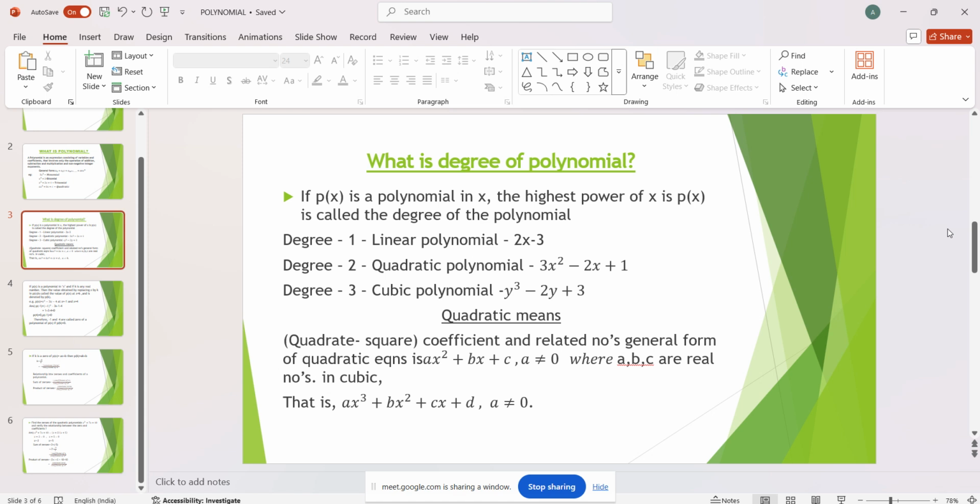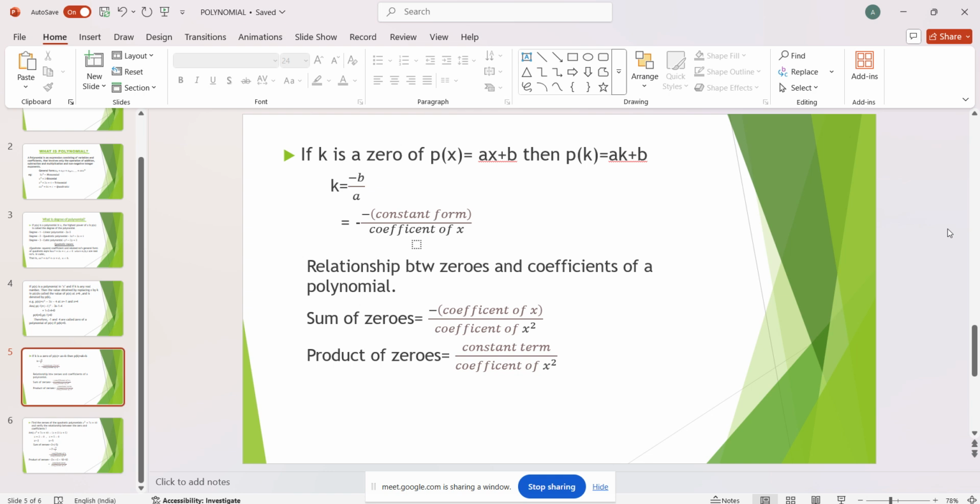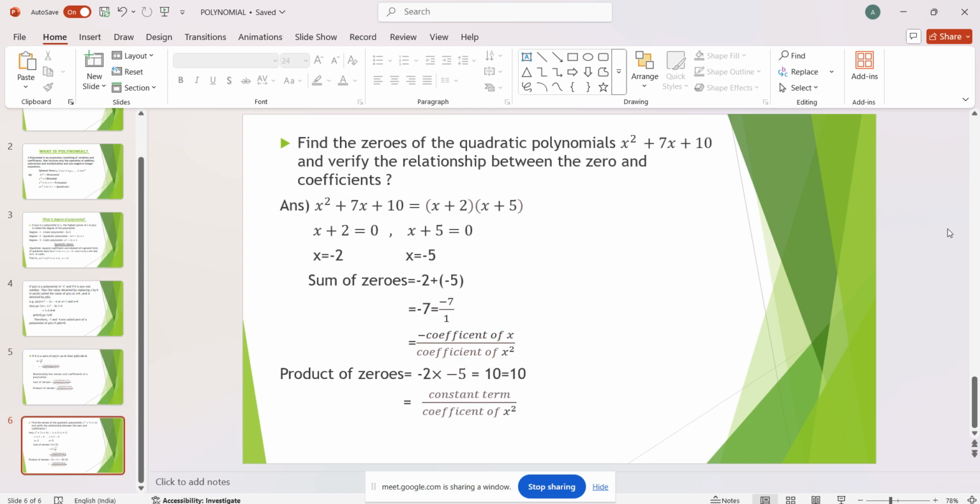Then the definition of a polynomial, p of x, and its zeros. Then the very important relation between zeros and coefficients of a polynomial: sum of zeros equals minus coefficient of x divided by coefficient of x square, and product of zeros equals constant term by coefficient of x square. Today this much only.